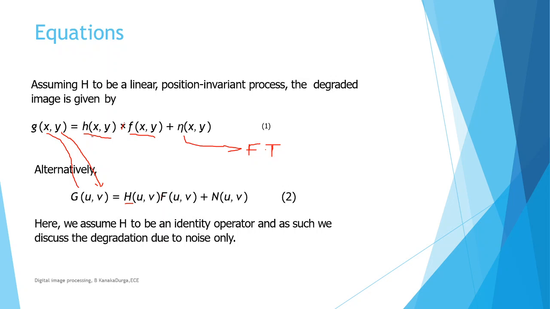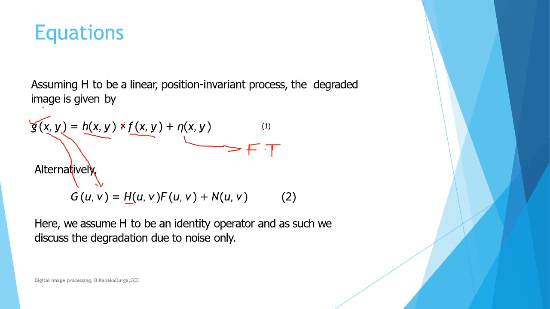When we have knowledge of the degradation function, then only can we estimate the degraded image. Once we can estimate it and know the parameters in it, we can apply the reverse process in the restoration so that we can get back the image.